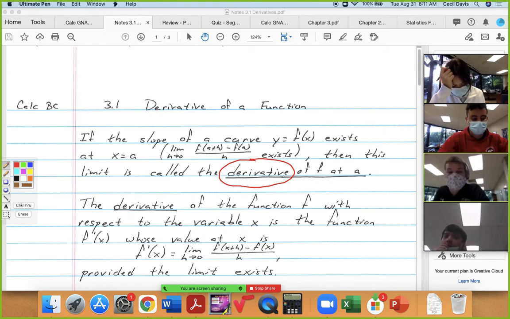Remember the first day, I was showing you when you drop the ball, we could find the average velocity. Well, now we can find the instantaneous velocity, which you've already been doing. And we have a name for it. It's called the derivative. So we can also find a derivative function so that we don't have to do it at various points.